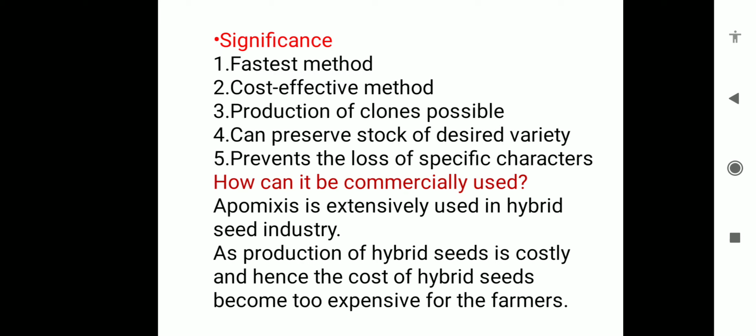Why develop the apomictic seed? What is its importance? Once apomictic seeds are formed, there is no segregation of characters in the hybrid progeny, so farmers can keep using these seeds year after year. They do not have to spend money, and they save time and money. Economically, it is very important for the farmers.